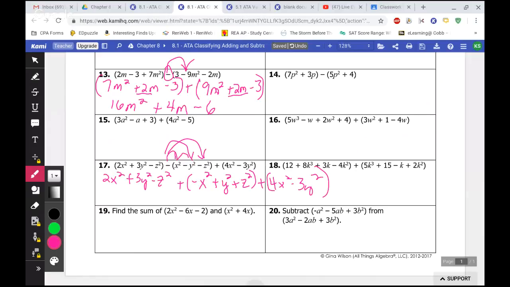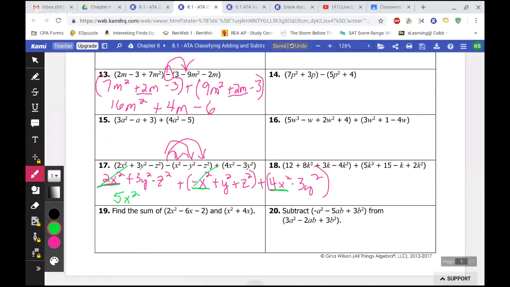So now I'm looking for all my x squareds. So I have a 2x squared minus, this is technically a 1x squared. So now I have x squared, and then x squared plus 4x squared. So that's going to give me a 5x squared.